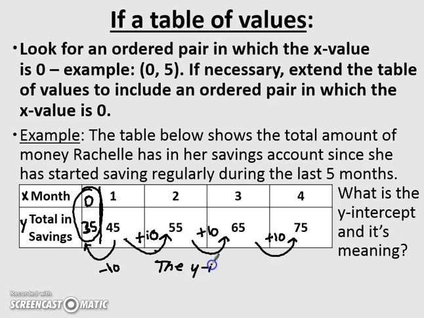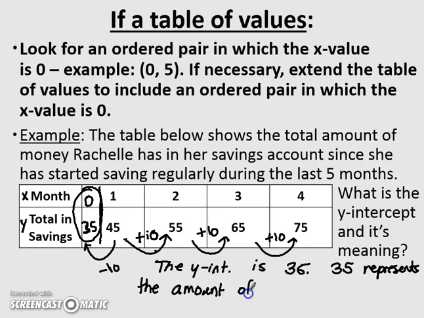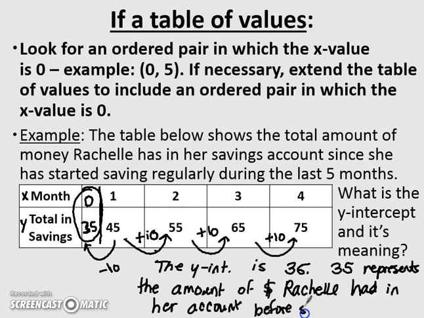The y-intercept is 35. 35 represents the amount of money Rochelle had in her account before she started saving.